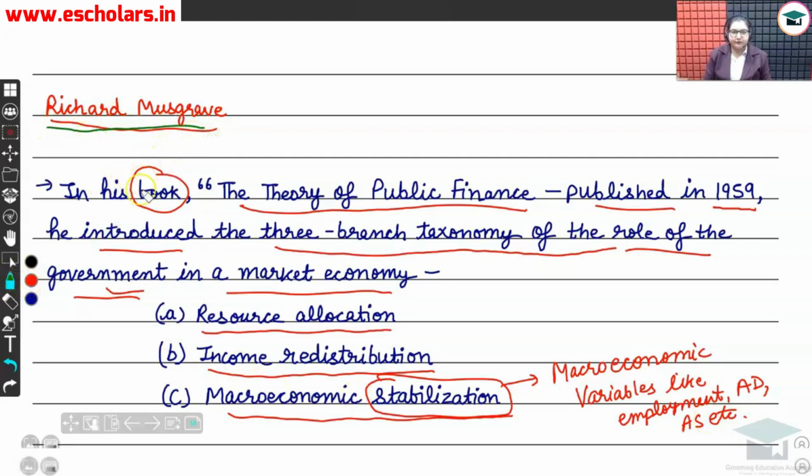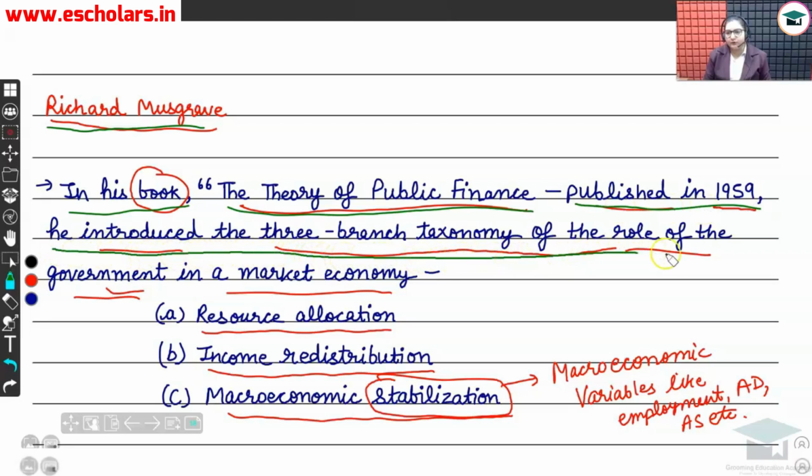Richard Musgrave, in his book The Theory of Public Finance, which was published in 1959, introduced the three-branch taxonomy of the role of the government in a market economy, and that includes resource allocation, income redistribution and macroeconomic stabilization.